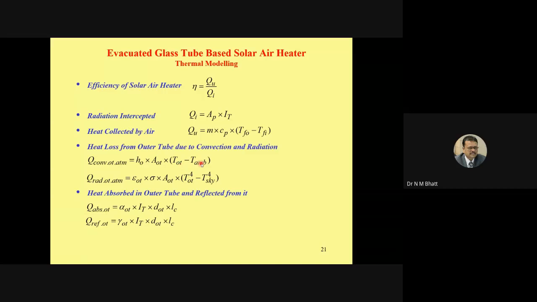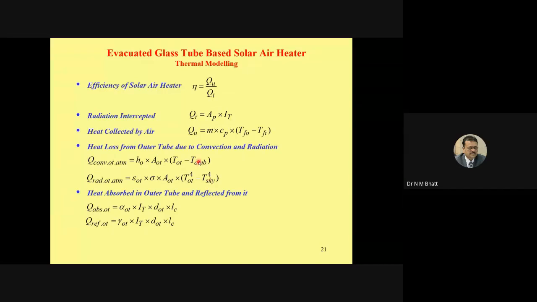outer tube outer temperature minus ambient temperature. The radiation losses can be estimated using the equation epsilon into sigma into area of the outer tube into the above temperature raised to 4, so T_o raised to 4 minus T_sky raised to 4. Of course, not T ambient, but it should be sky. Now, there are various relations available to determine the sky temperature from the ambient temperature.